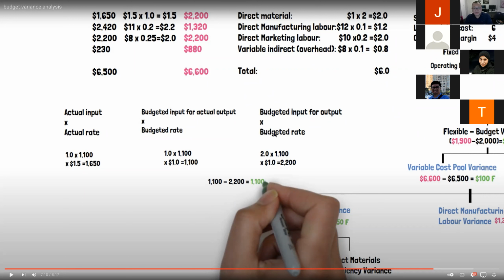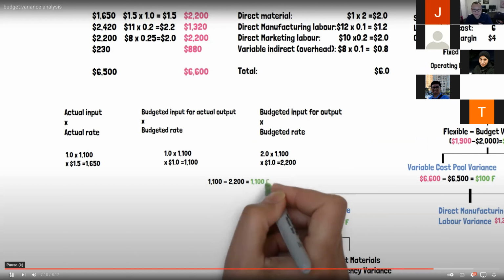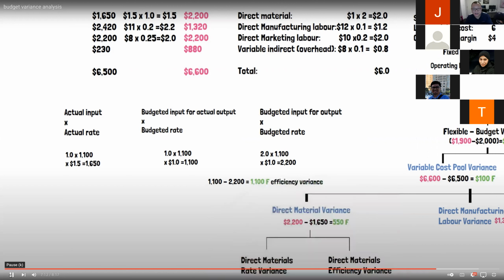In your budget, you need 2,200 pounds, but actually you only need 1,100 pounds. This is the efficiency. You use less materials to make the same level of output. So when you take the difference between 1,100 and 2,200, we call this the efficiency variance. Basically, you are using less materials for the same level of production.